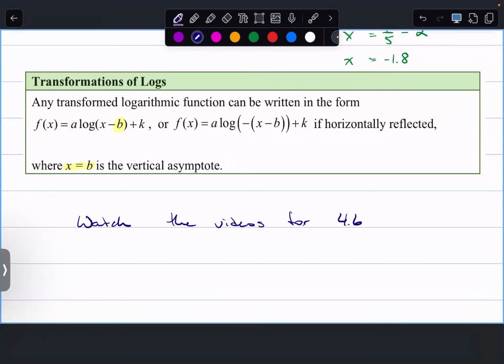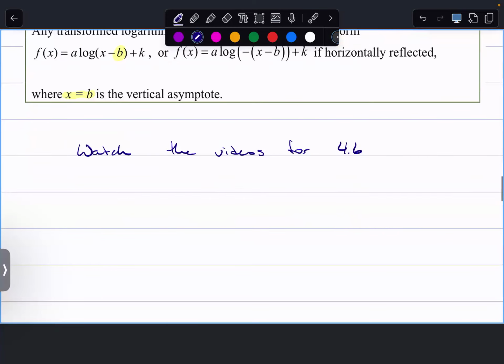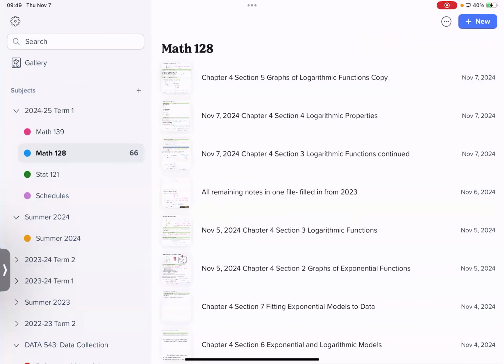It runs through all the different types of problems that we could have. And then I've got the notes, but there's no new concepts.